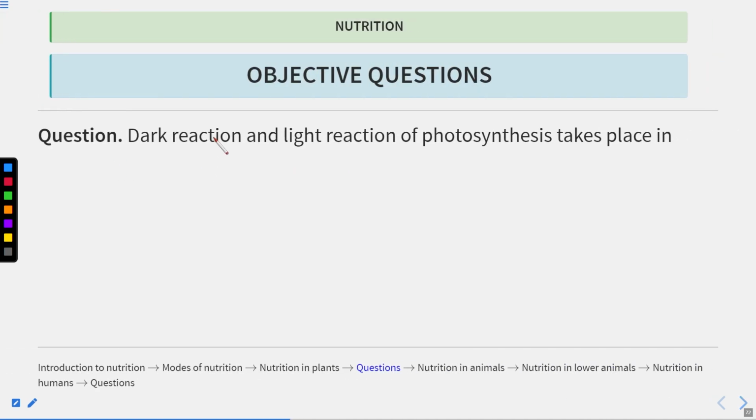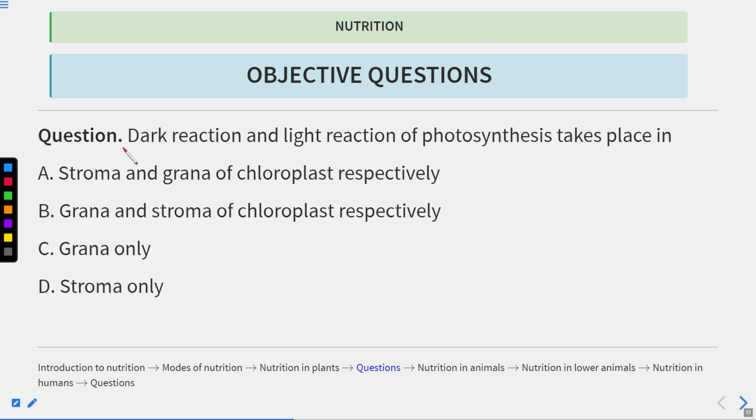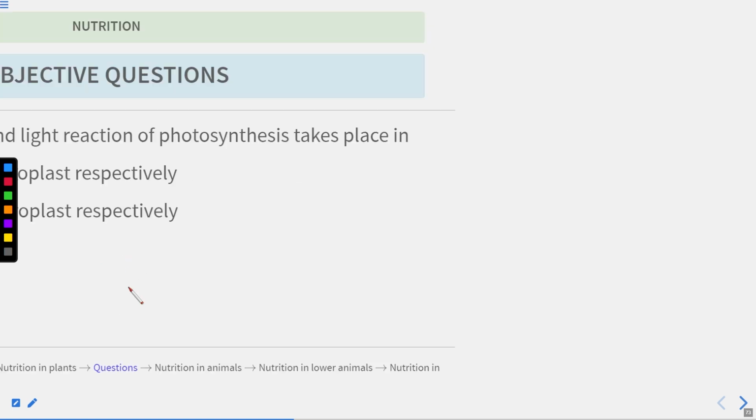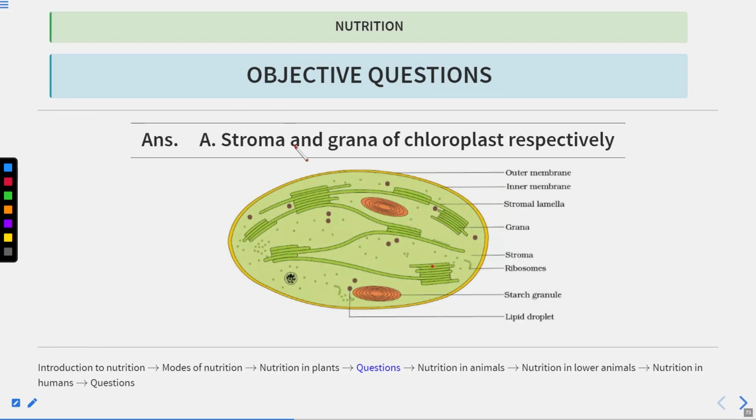Now, the next question is: dark reaction and light reaction of photosynthesis take place in... This is a very straightforward question. Option A is stroma and grana of the chloroplast. Option C is grana only. Option D is stroma. So what is the answer? Stroma and the grana of the chloroplast. In the stroma, what takes place?